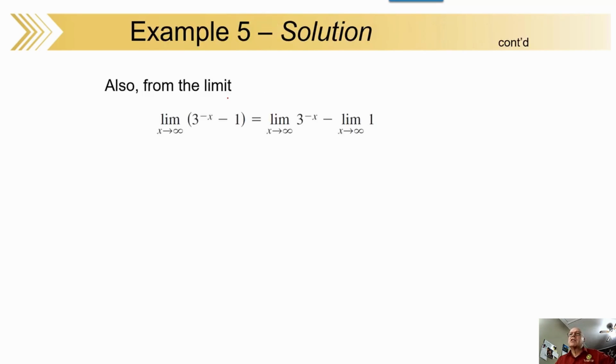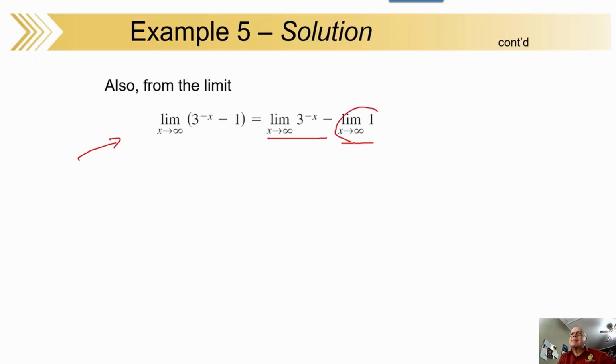Now you want to get the limit. Remember, one of the properties is you can split these two: the limit of 3 to the minus x and the limit of minus 1.